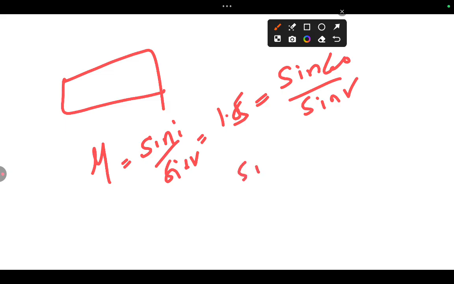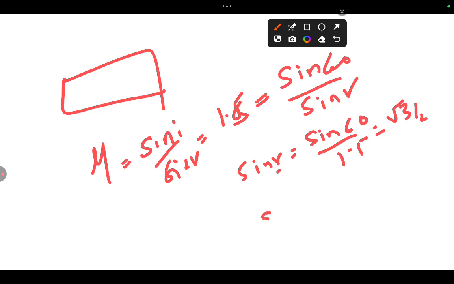So sin R is sin 60 by 1.5. After simplification you will get root 3 by 2. Root 3 by 2 means sin 30. That means the ray makes 90 degrees with the surface AB.